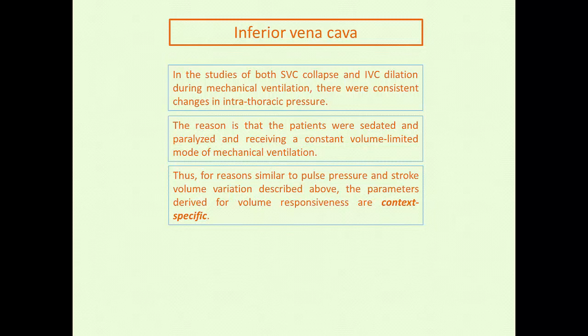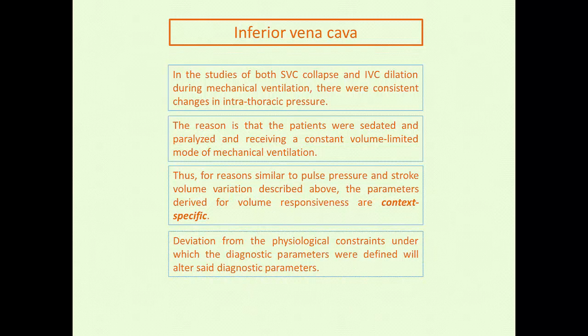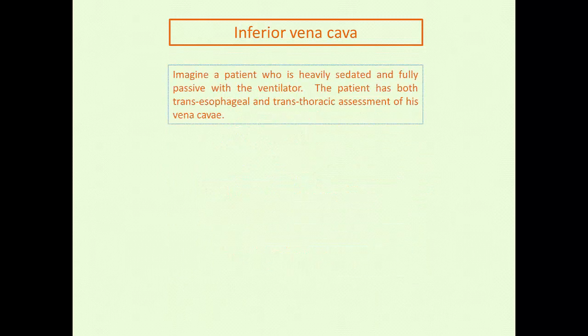Thus, for reasons similar to pulse pressure and stroke volume variation described in the previous sections of this chapter, the parameters derived for volume responsiveness are context-specific. Deviation from the physiological constraints under which the diagnostic parameters were defined will alter said diagnostic parameters. So imagine a patient who is heavily sedated and fully passive with the ventilator.